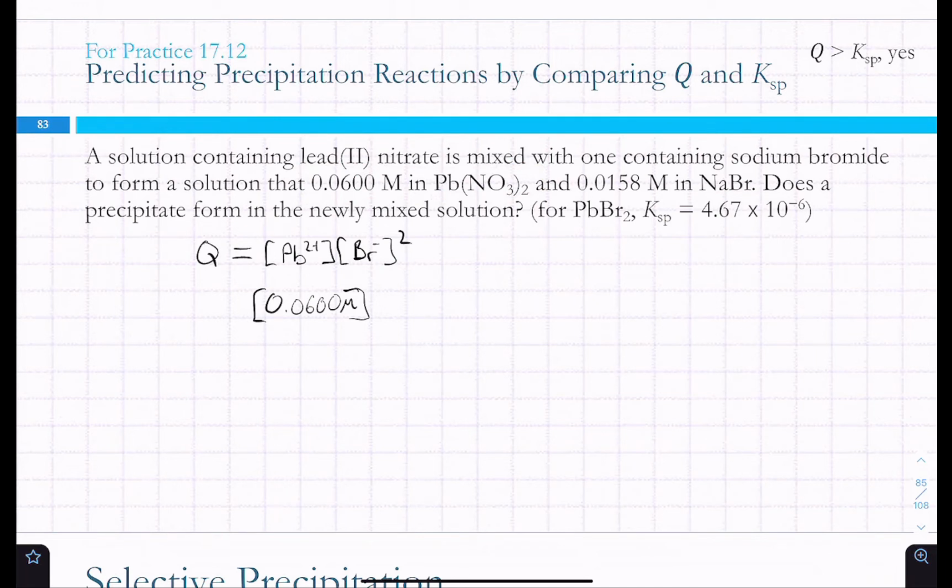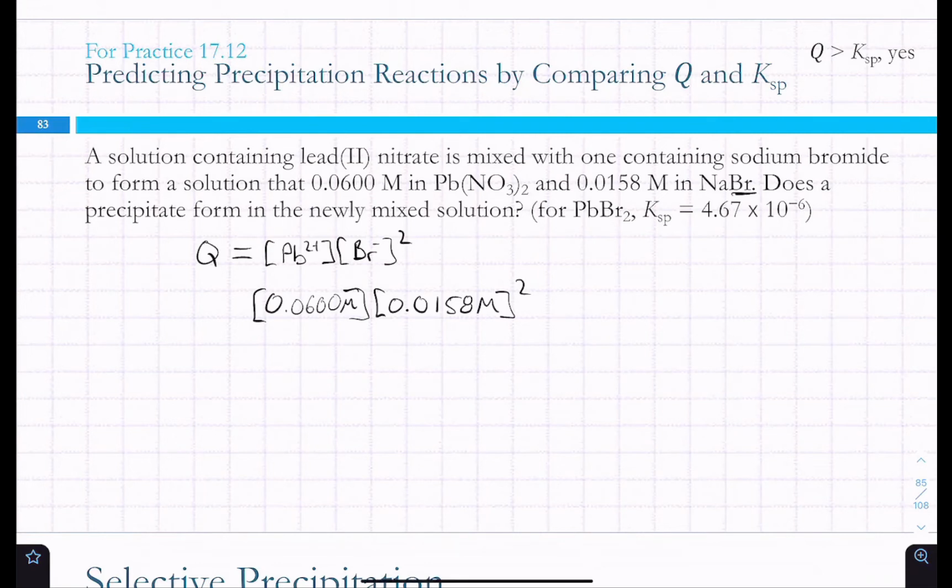If that number is different, if it was something like magnesium bromide, then we'd get 2 bromide ions for every magnesium bromide in that solution. So because there's 1 bromide in sodium bromide, this is the concentration also of bromide. So we can just write that in squared.